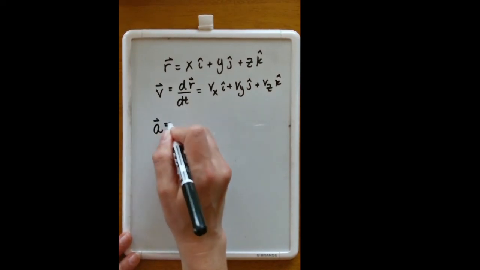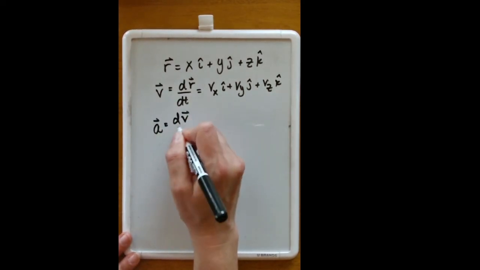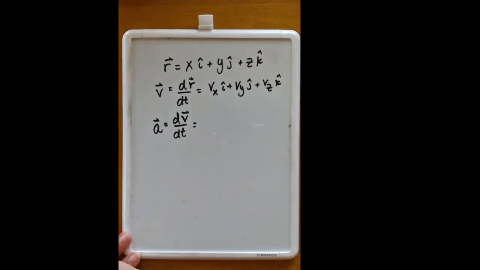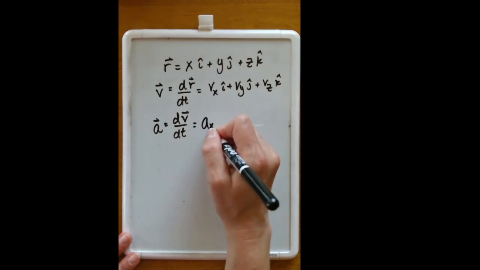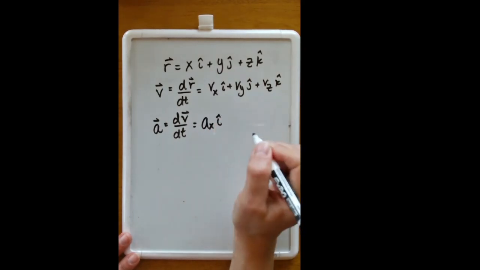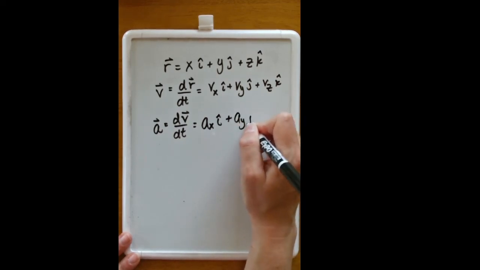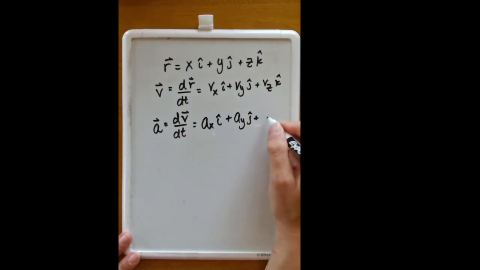And then acceleration is a derivative of velocity with respect to t. So if you take the derivative of our velocity equation, you would have acceleration in the x direction, i hat, plus the y component in the j hat direction, plus the z component in the k hat direction.